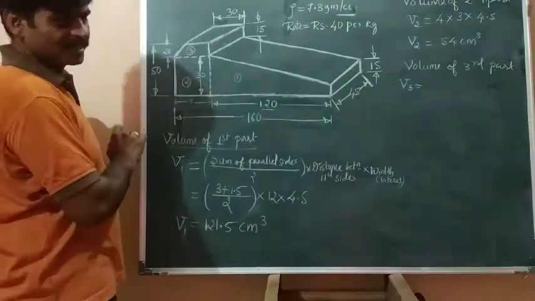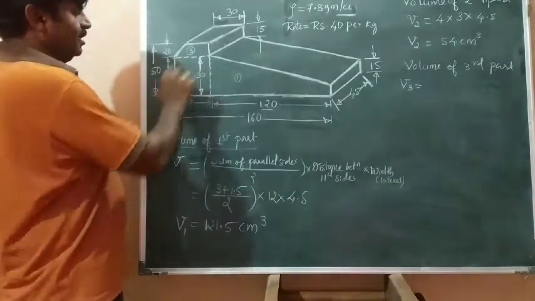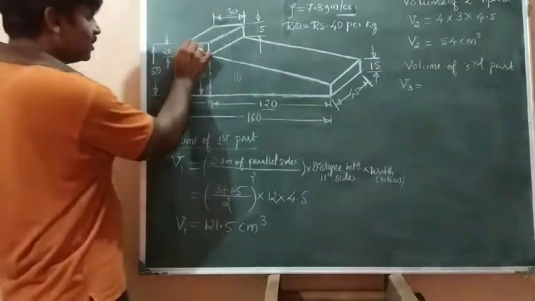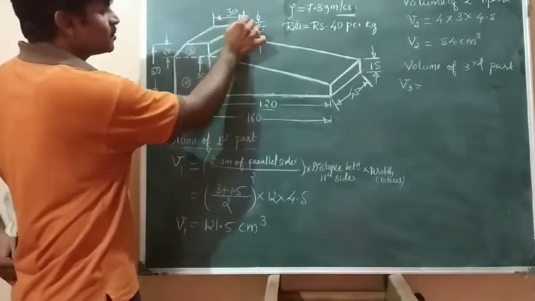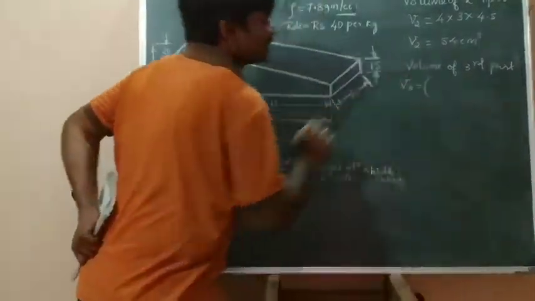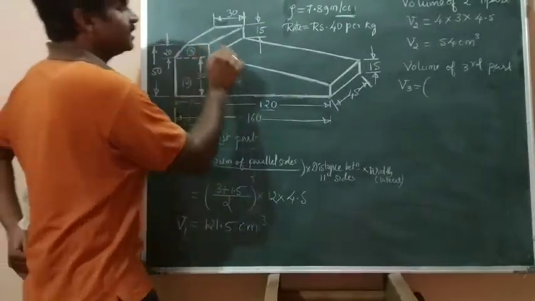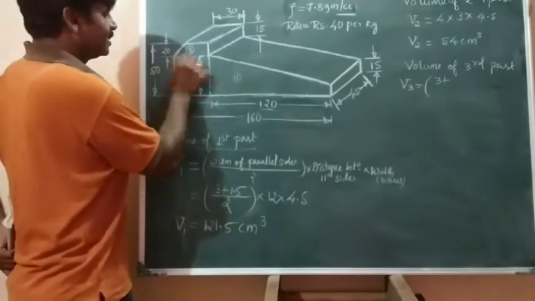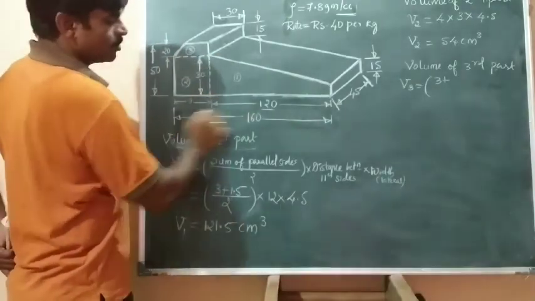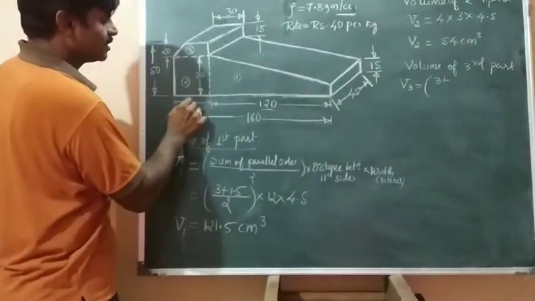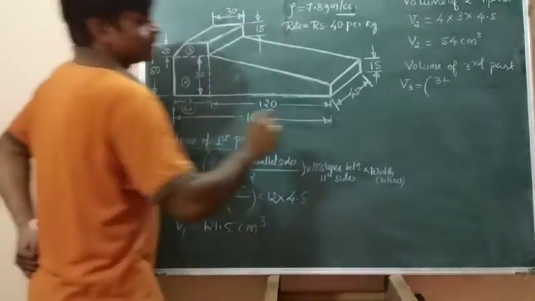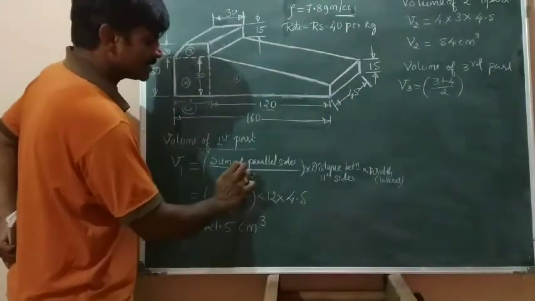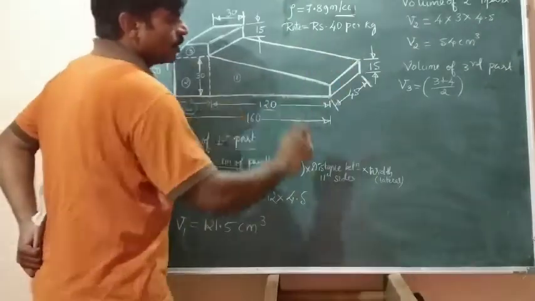So the sum of the parallel sides: one side is 30, that is 3, plus one more side is this length, 160 minus 120, that is 40, so 4, divided by 2. That bracket term is over.